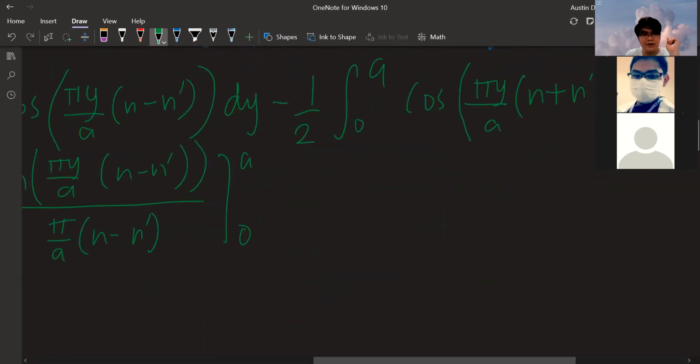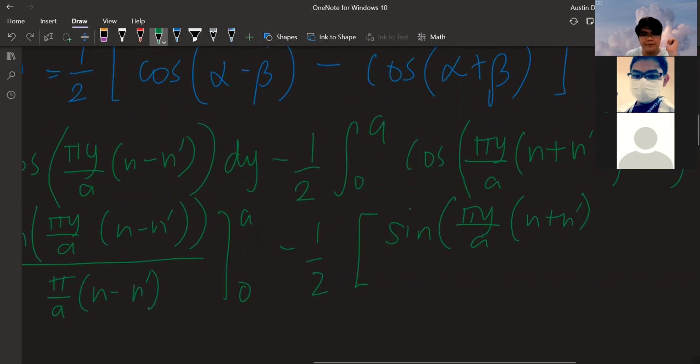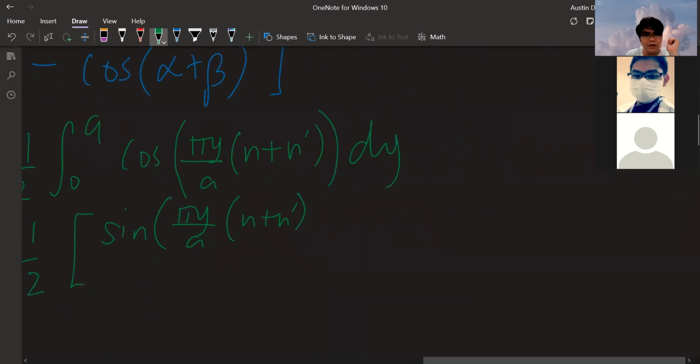And similarly, the other term is the same. I will not elaborate very much, but it is the same integral; only what is inside with n and n prime changes. Then you evaluate, and there is no more y.